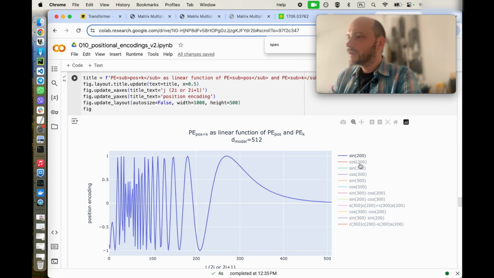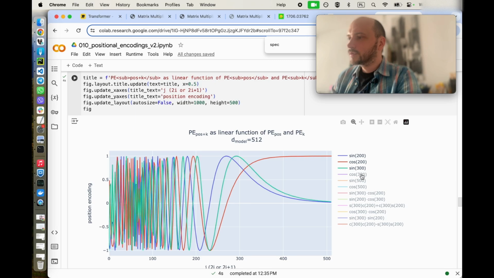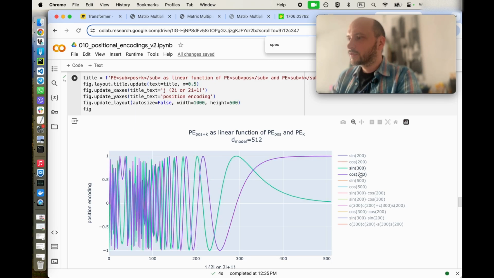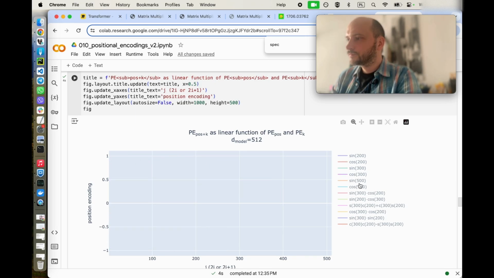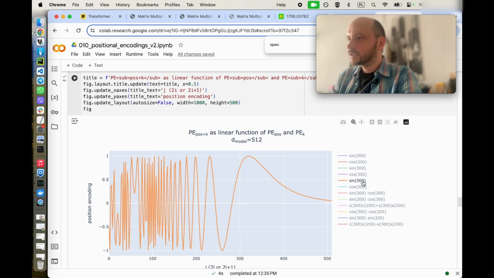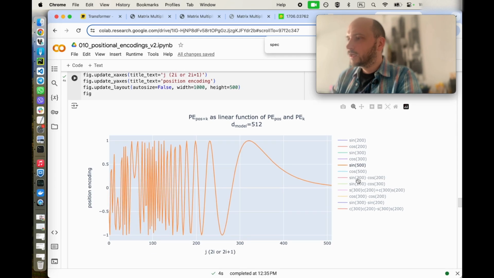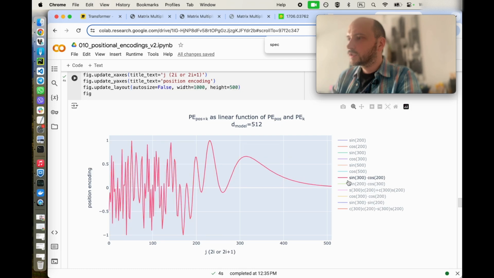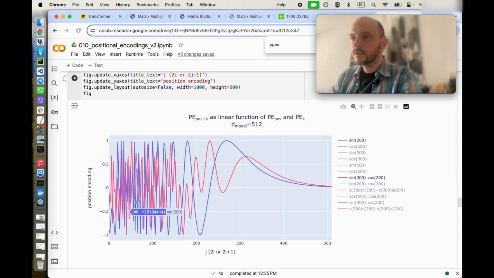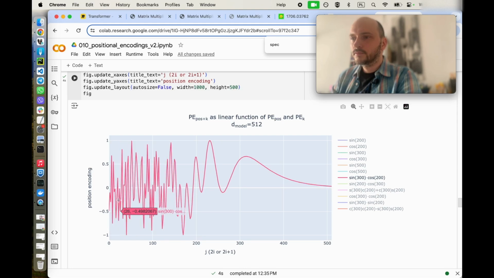So I have sine and cosine for different positions here, and then I have their multiplications. Let's say I put sine for 500, and then that's what sine for 300 multiplied by cosine for 200 looks like. So it isn't as symmetric as this one, right? There is some amplification here, some reduction here, and where is the second component? Here is the second component.